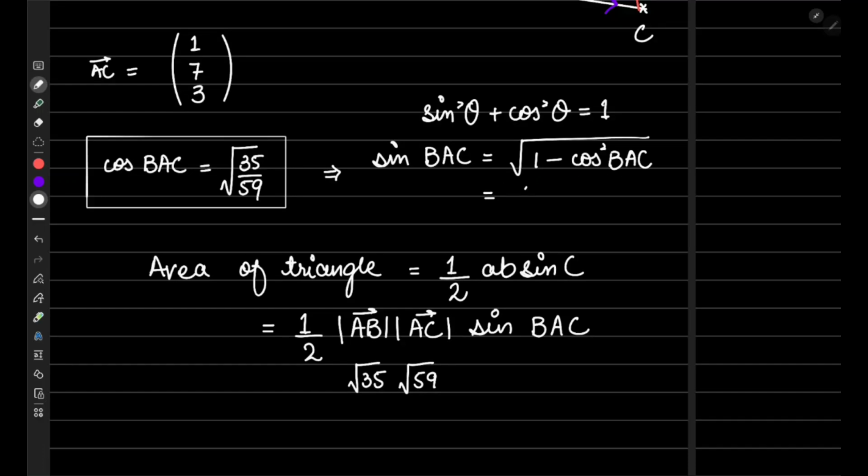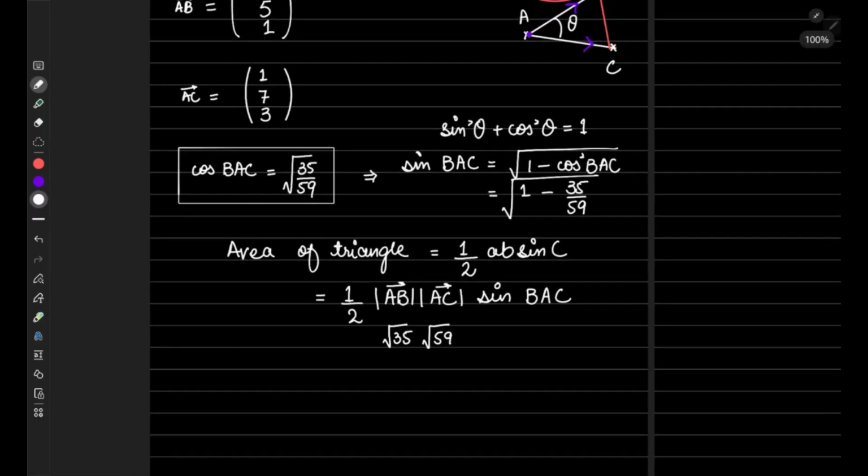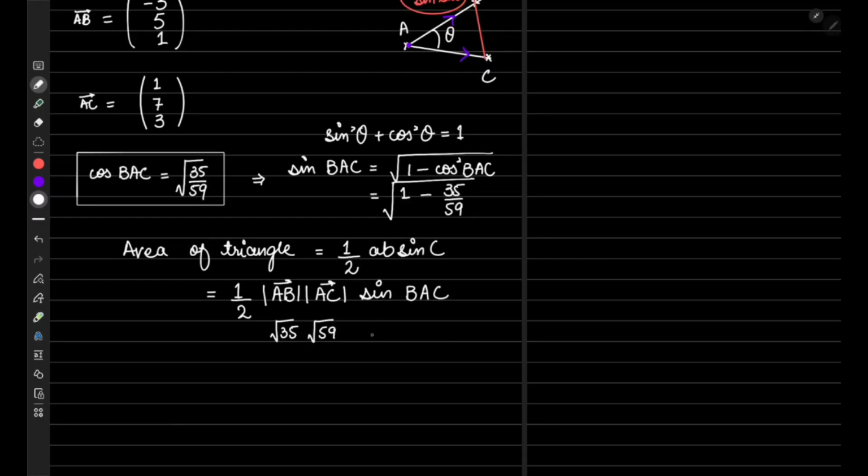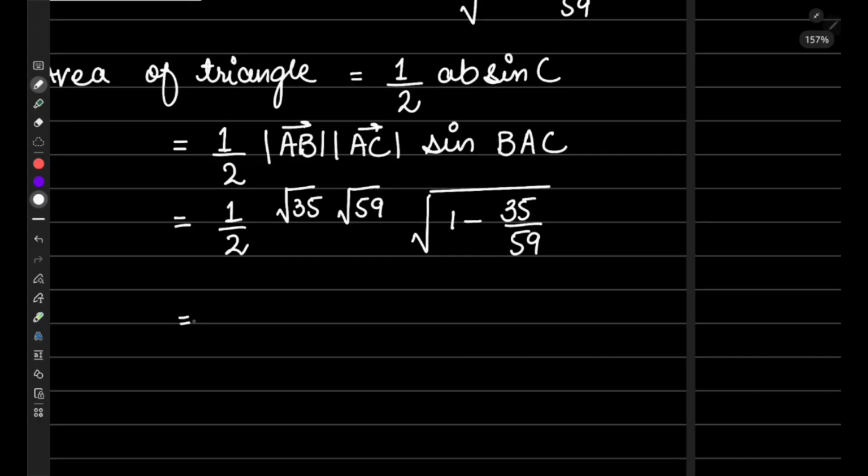So that will give you 1 minus 35 over 59, cos square, yeah, so 35 over 59 under the root. Now we have to just solve it further. Just simplify this.